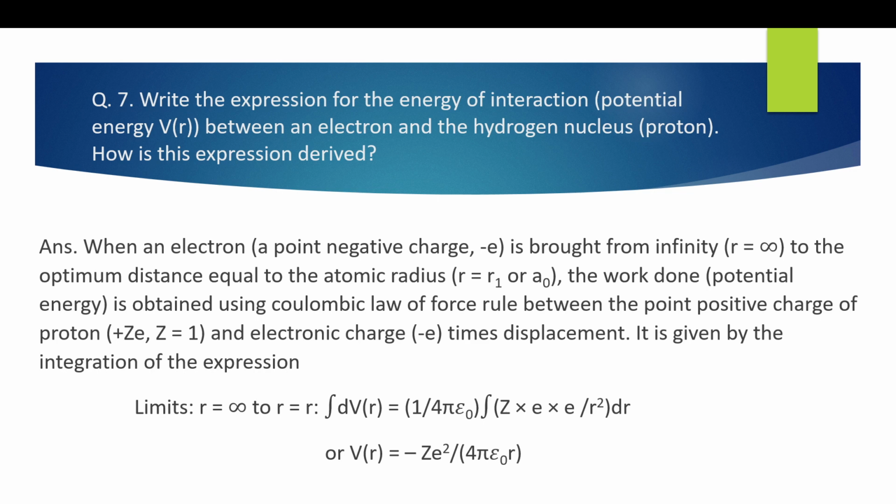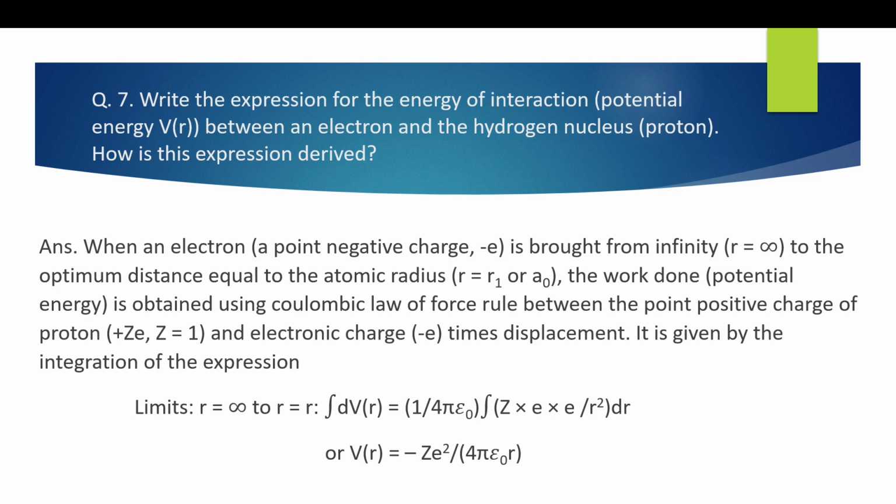When an electron, which is a point negative charge minus e, is brought from infinity, that is r equal to infinity, to the optimum distance, that is r equal to r1, a0, the work done is obtained using Coulomb law of force between the point positive charge of proton and electronic charge, multiplied by displacement.